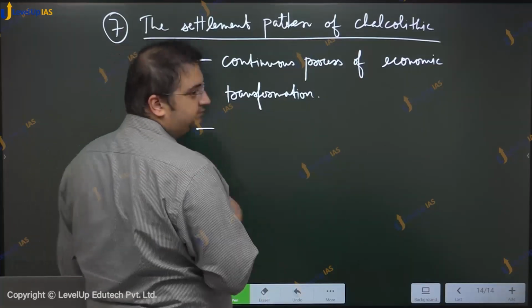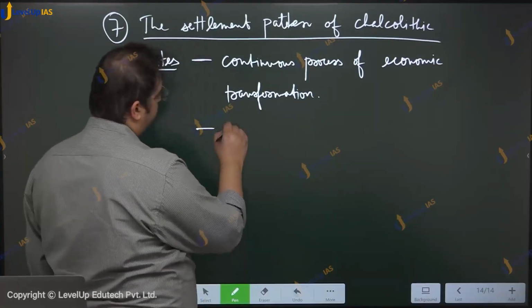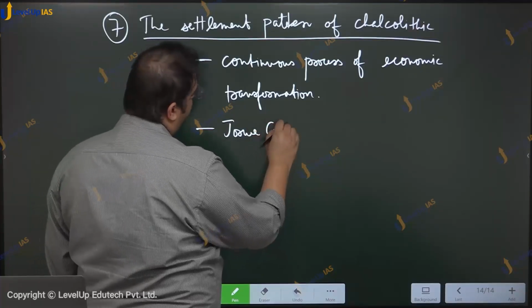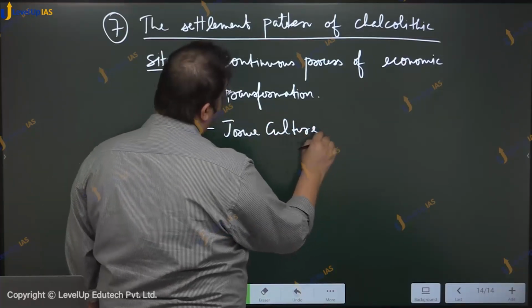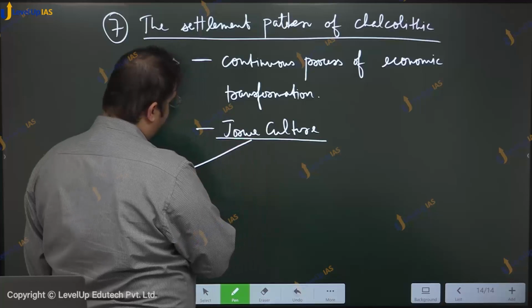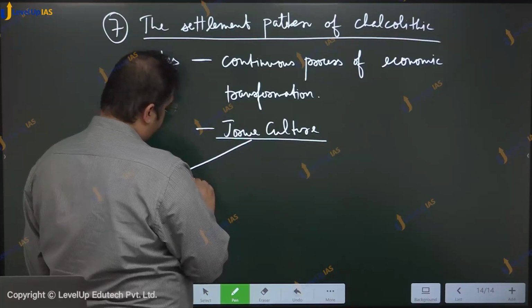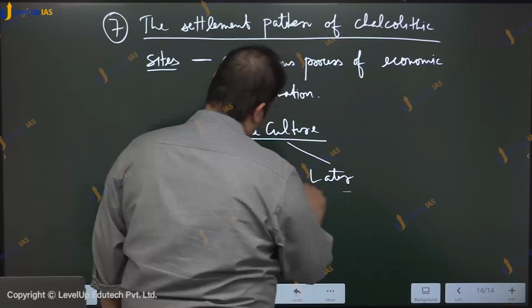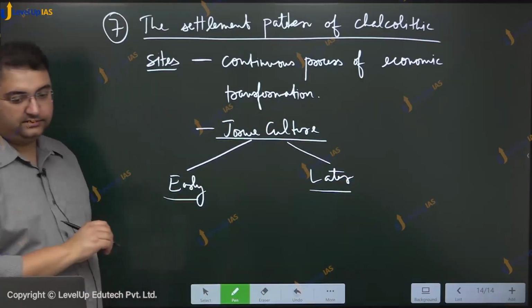Example, जोरवे कल्चर में it can be divided into early and later Jorwe periods.